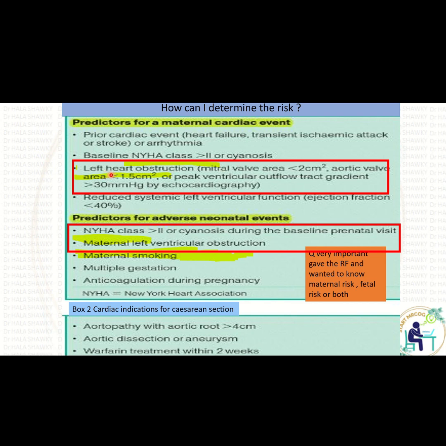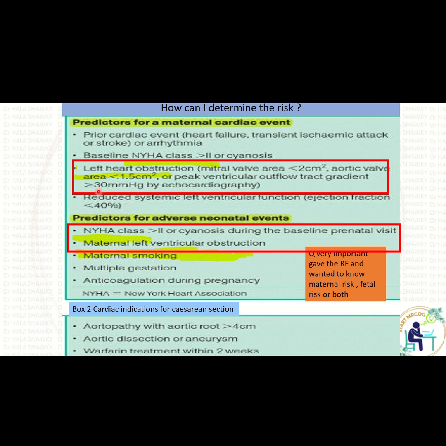Also if she has left heart obstruction: mitral valve area below 2 cm, aortic valve area stenotic below 1.5 square cm, or peak ventricular outflow tract gradient more than 30 mm of mercury by echo.